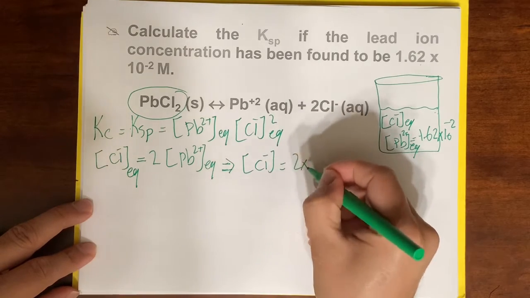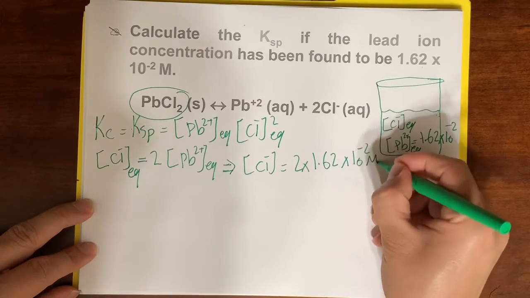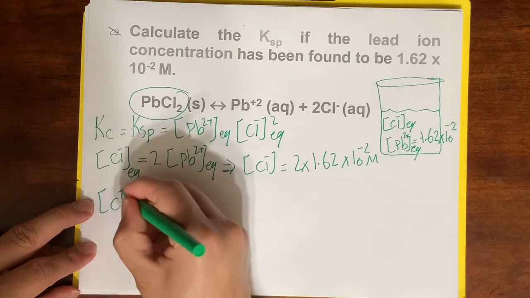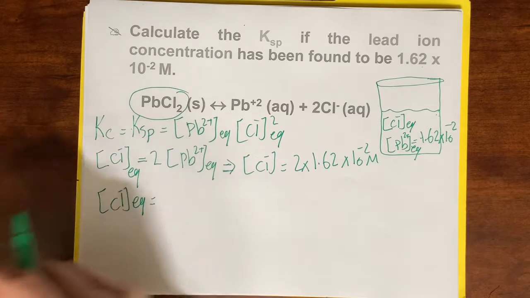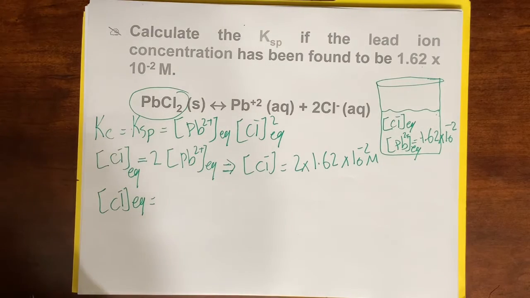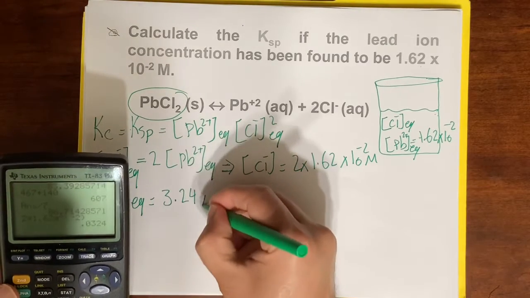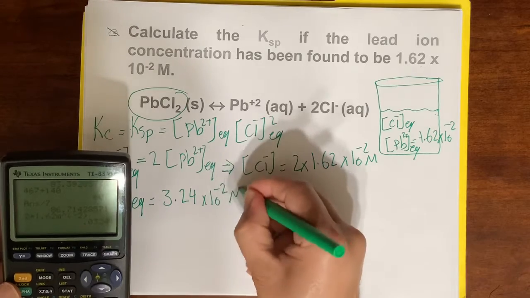So it will be 2 multiplied by 1.62 times 10 to the power of minus 2 molar, and that's going to be 3.24 multiplied by 10 to the power of minus 2 molar.